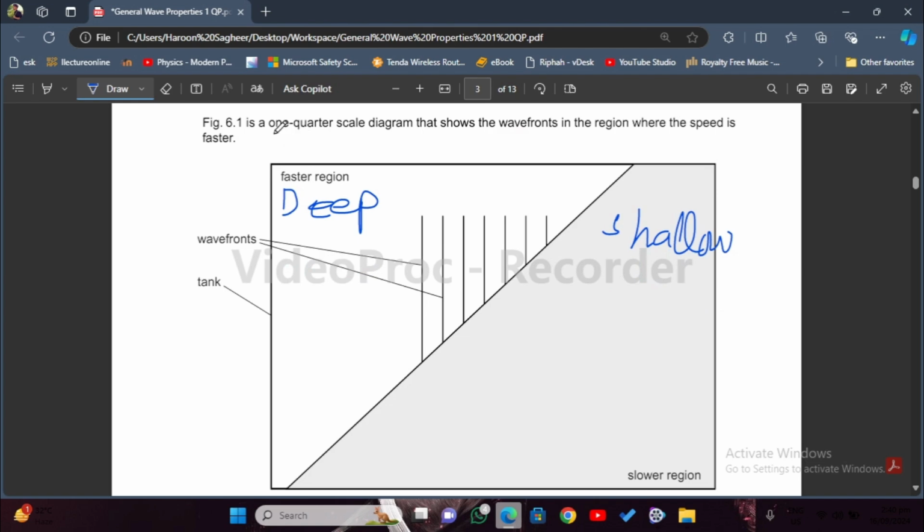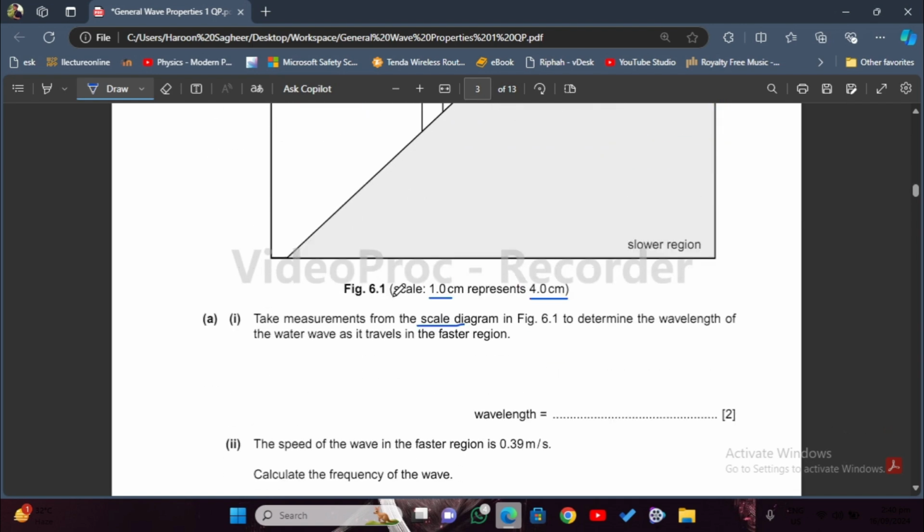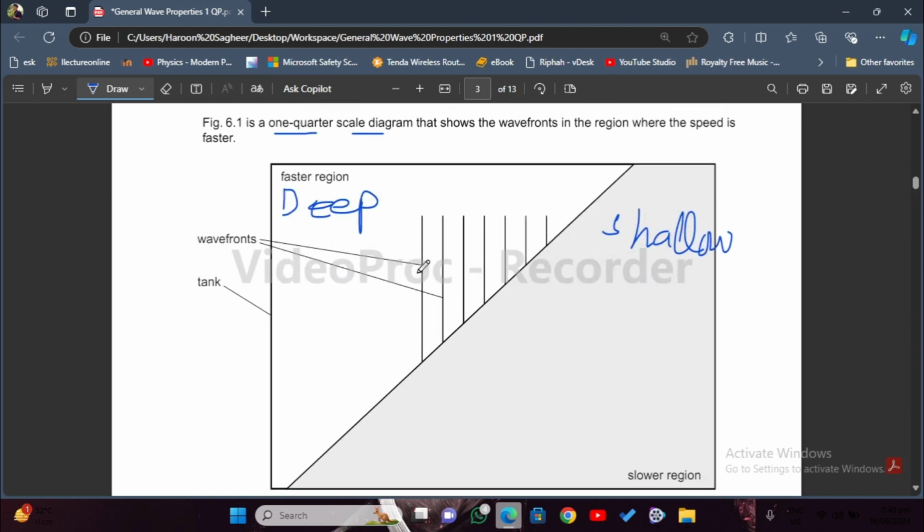This figure is a 1/4 scale diagram that shows a wavefront. Now take measurements from the scale diagram. Here the scale is given. In the scale, 1 centimeter is basically 4 centimeters in real life. Let me give you a simple example.